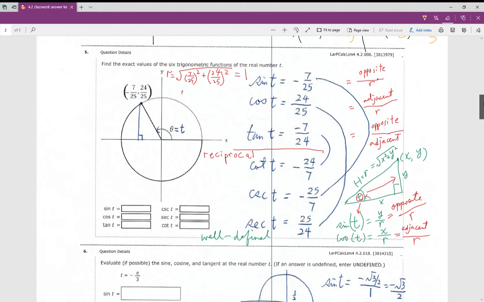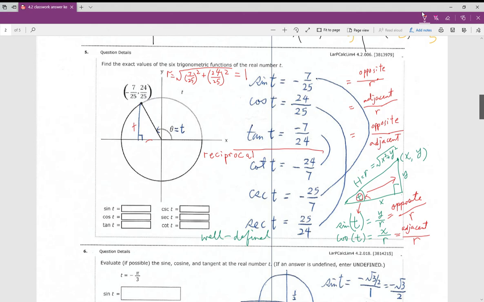So let's try number 5. This angle is on the second quadrant. So this is negative, this is positive.